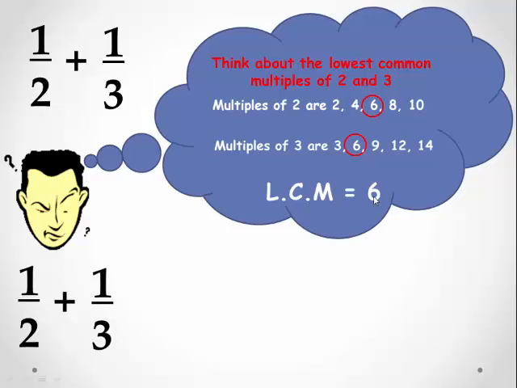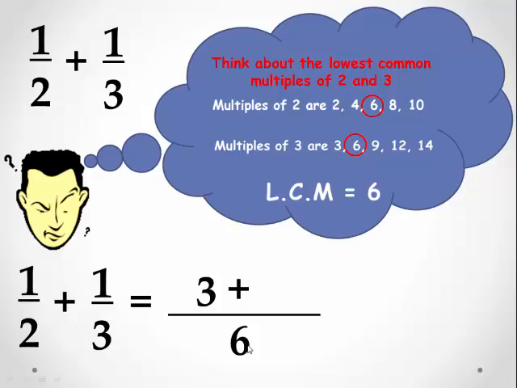So what we just do is put our lowest common multiple here and draw a line. Now what we will need to say here is how many 2s can we say in 6? That will give me 3. 3 times 1 will give me 3, plus, then how many 3s can I say in 6?